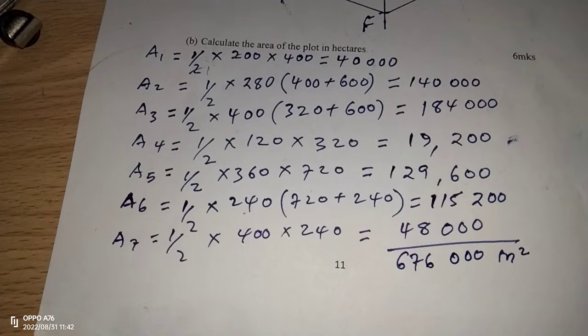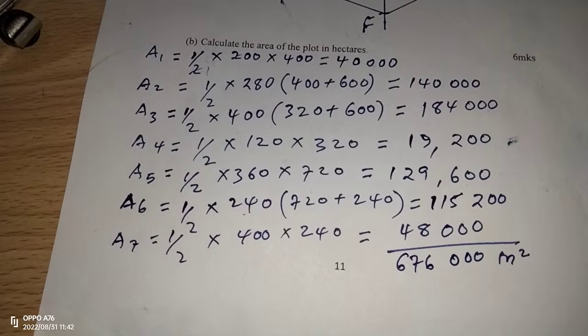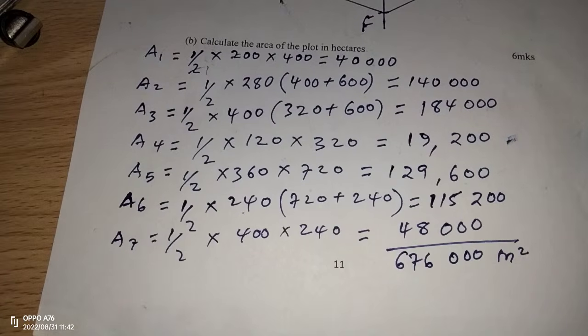40,000 plus 140,000 plus 184,000 plus 19,200 plus 129,600 plus 115,200 plus 48,000.